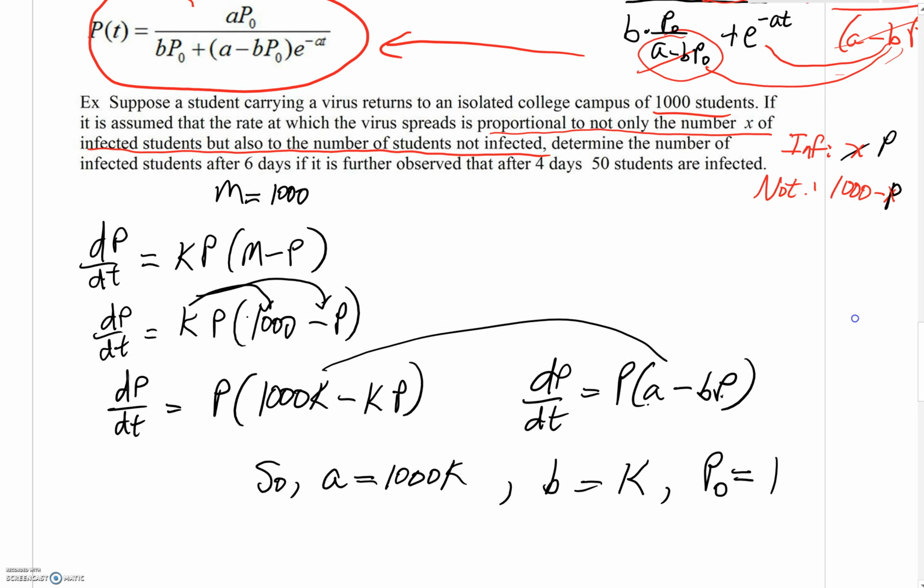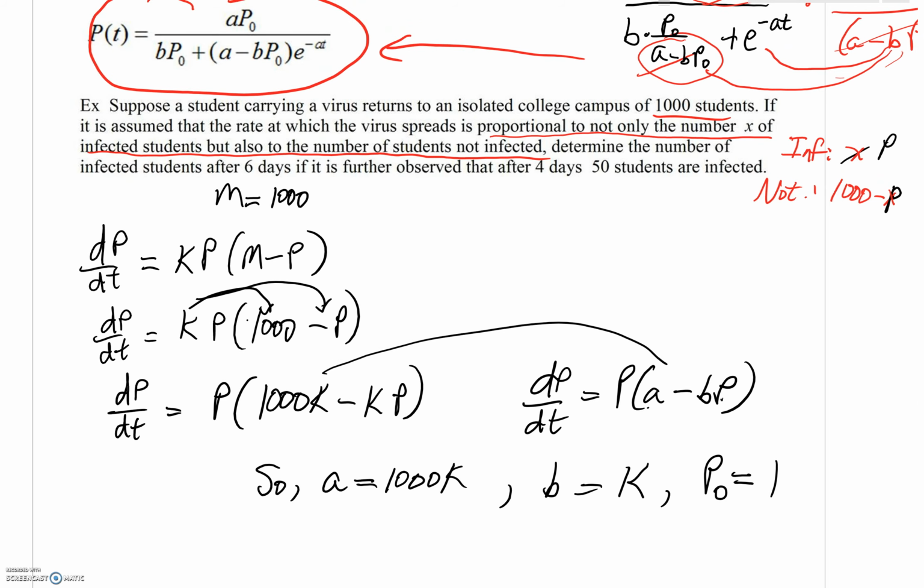So we're going to come back right now and see if we could use this very last equation that we were working with just previously and see if maybe that could help us out.